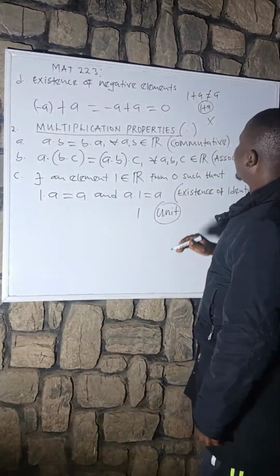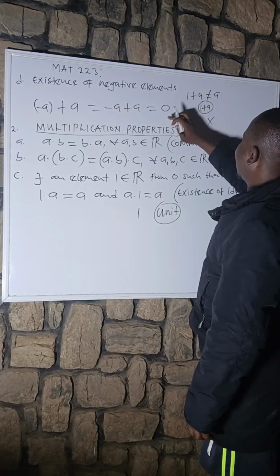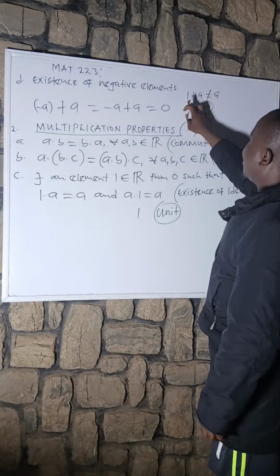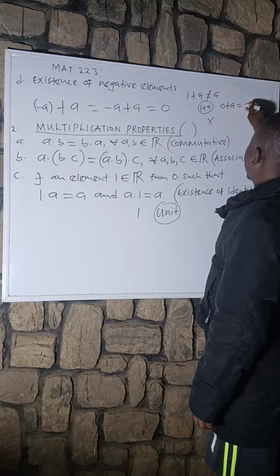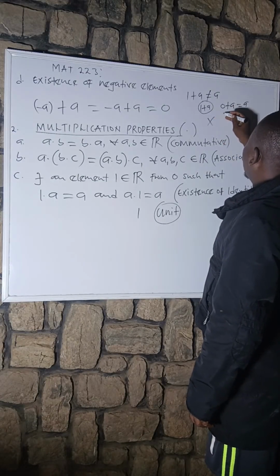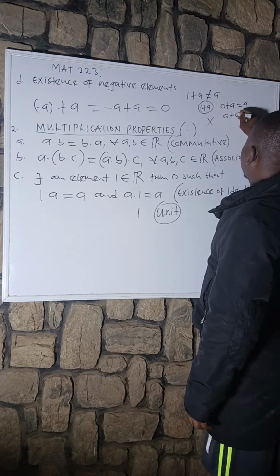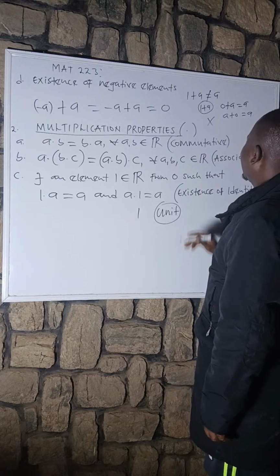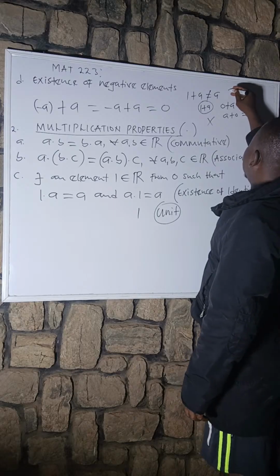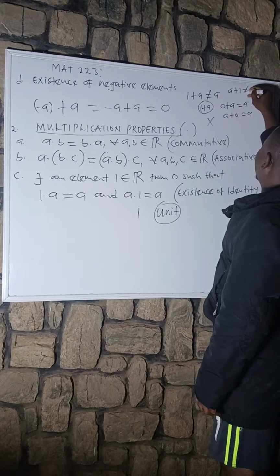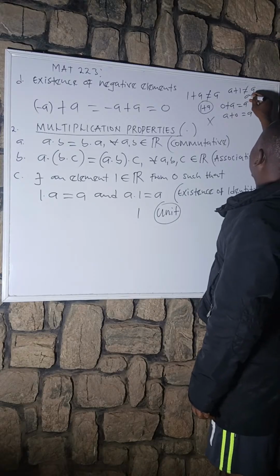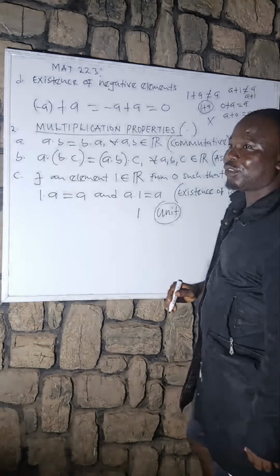But if there exists 0, it means 0 plus A is going to give us A. Likewise, A plus 0 is the same thing as A. But here, A plus 1 cannot be equal to A. Rather, it will give you A plus 1.